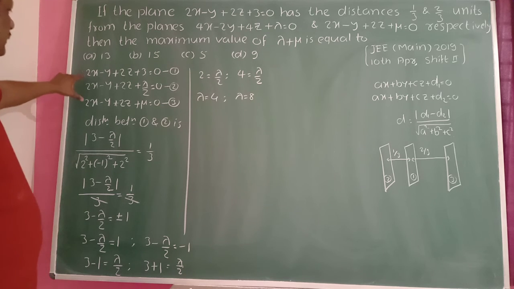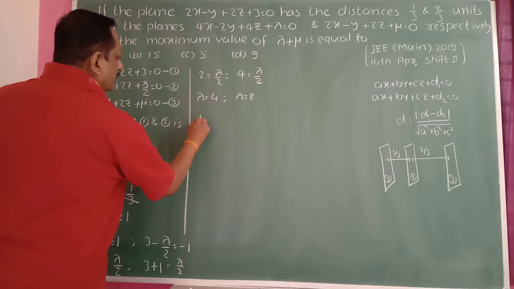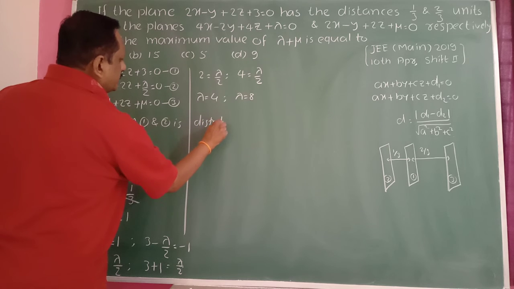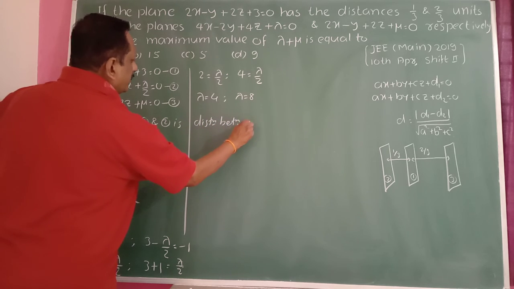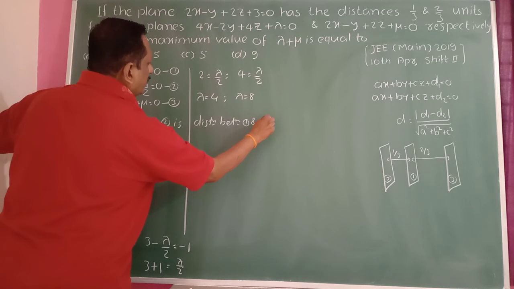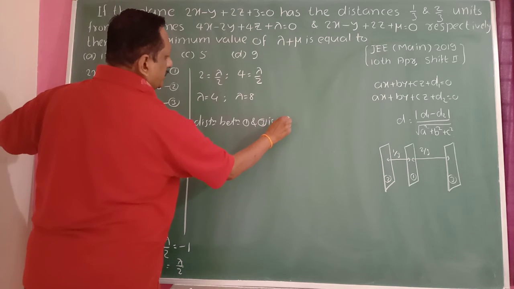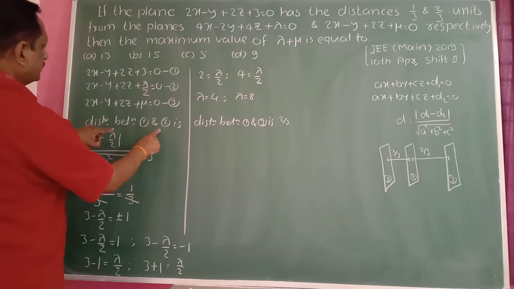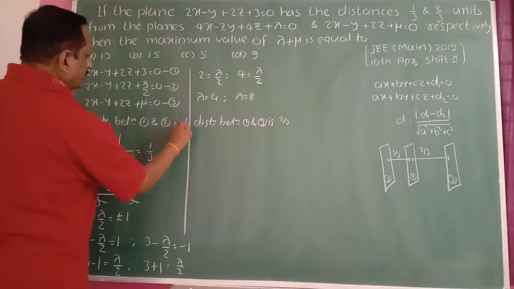Similarly, distance between 1 and 3 is 2 upon 3. They are already given here. Here the distance between 1 and 2 is 1 upon 3.